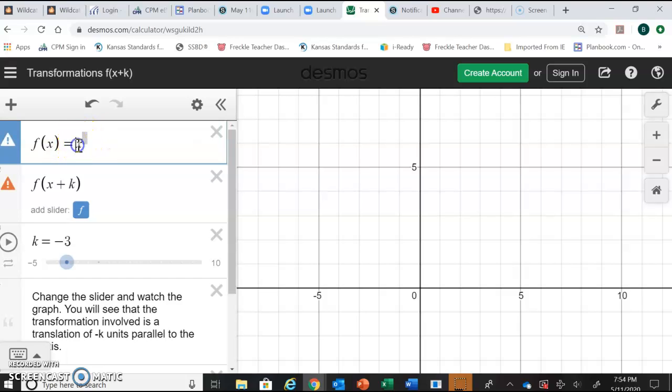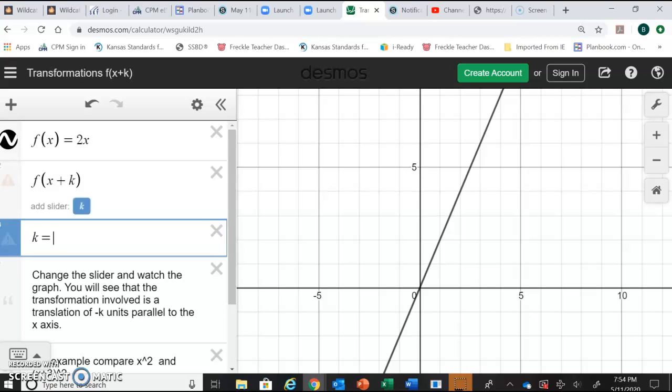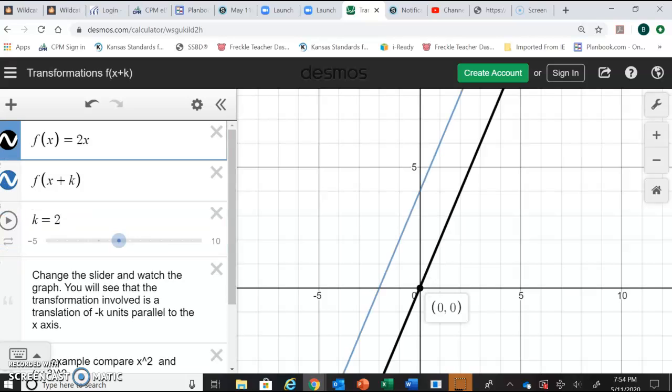Remember, a linear equation is just an equation that creates the graph of a straight line. Let's look at those. Let's say that this black line is my original graph. This is f of x equals 2x, so this is y equals 2x, up 2 over 1 for my graph here. This is y equals 2x, f of x equals 2x. What happens if that has k being a 2?